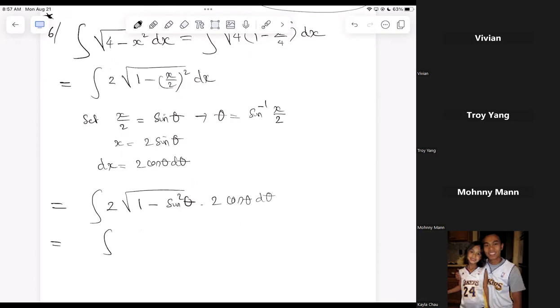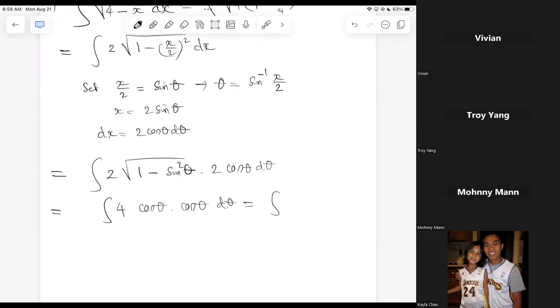So I will have 4 times the square root of 1 minus sine squared theta, which is equal to cosine theta, times cosine theta d theta. So basically I have 4 times cosine squared theta d theta.